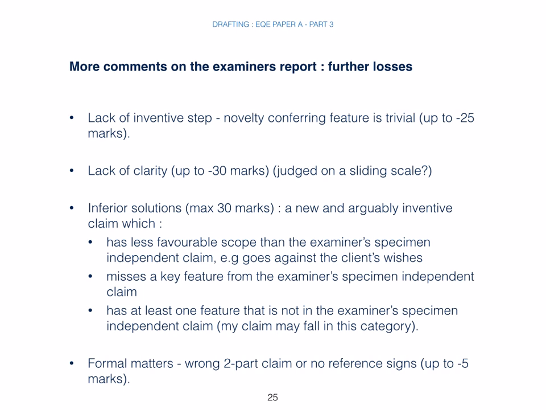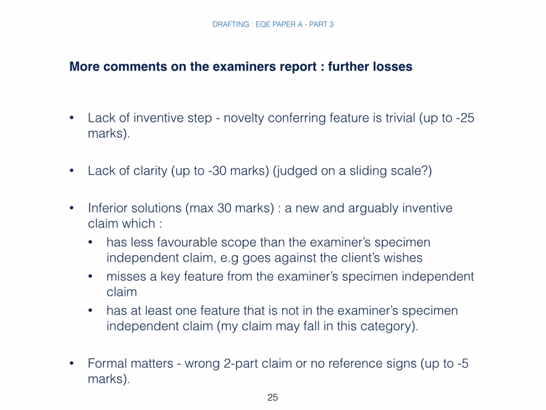And I think they mean the claim has to be novel, but where the inventive step is shaky, which has less favorable scope than the examiner's specimen independent claim, for example, going against the client's wishes, misses a key feature from the examiner's specimen independent claim, and has at least one feature that is not in the examiner's specimen independent claim. And my claim may fall in the latter category, but it doesn't really, my claim is not really arguably inventive. I think we'll see that we have established inventive step quite satisfactorily, so maybe we don't have a problem there.